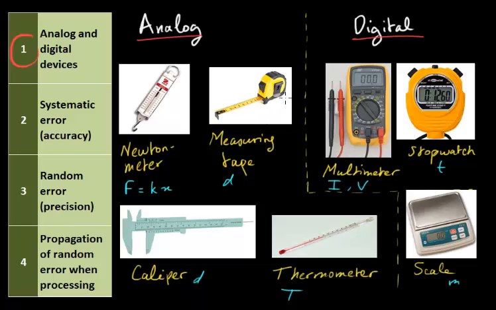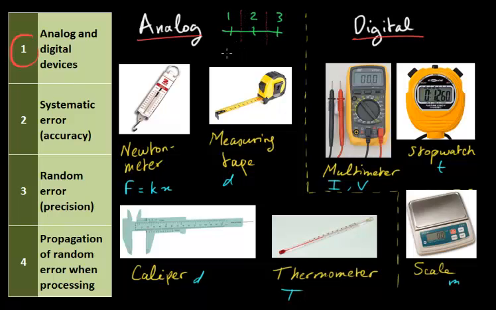With the measuring tape, for example, you're measuring the size of something, and usually your scale is in millimeters. So maybe here you have, let's say, 1 millimeter, here you have 2 millimeters, here you have 3 millimeters. And when you read the size of something that's around 2 millimeters, usually you'll conclude that it's 2 millimeters long if the size of that thing is between these two red lines, right?